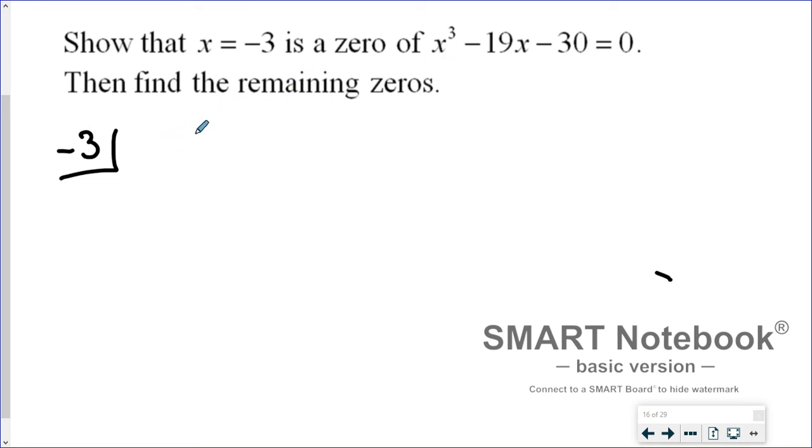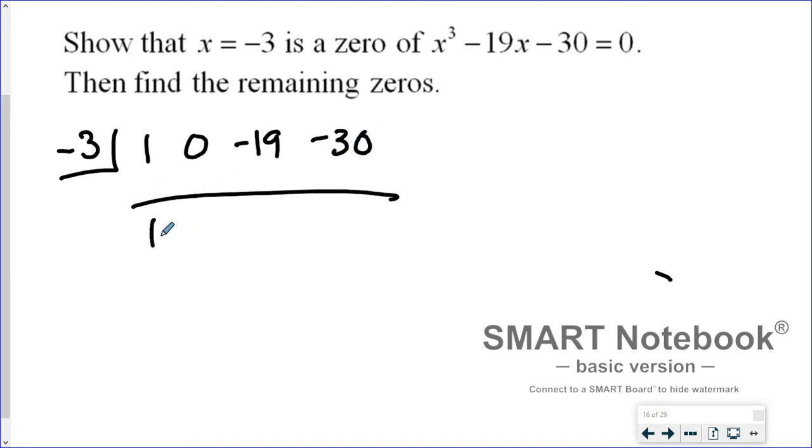All right, my coefficients, 1, I'm missing a squared term, so I have to put 0 there. Minus 19 minus 30. So I say, okay, bring down my 1, multiply, add, multiply, add, multiply, add. So we know that it's a factor.